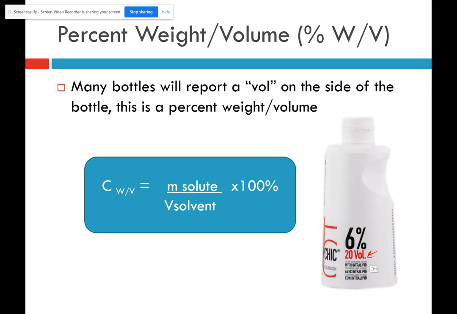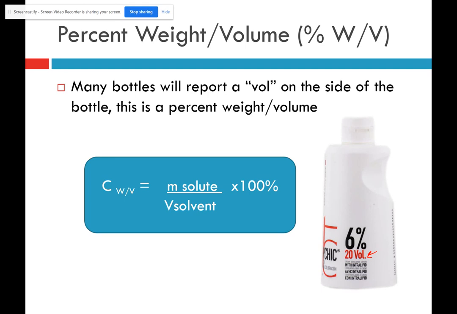Now, this is often used in things like, for example, how you would measure hair bleach. Okay, so if you've been on YouTube recently, I'm sure you've seen that all these people are at home trying to color their hair, and some people have been making pretty bad mistakes coloring their hair or bleaching their hair. And a lot of times what they'll be talking about is what volume developer they used.